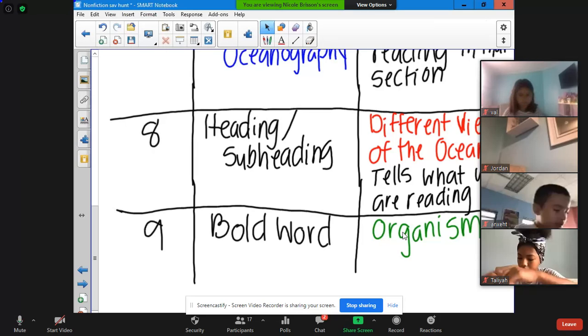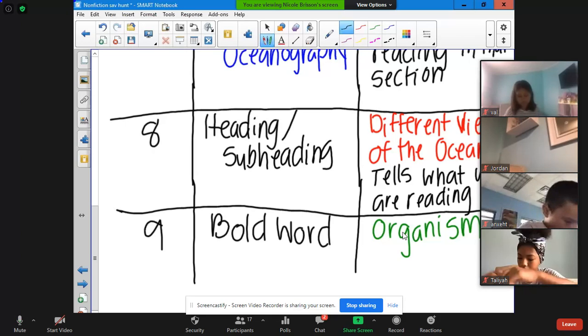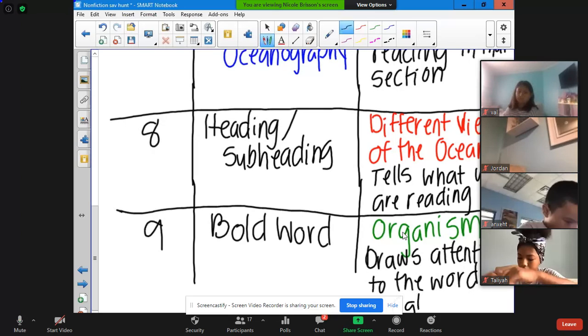So it draws attention to the word. And then I'm going to put glossary in parentheses because if it's a bold word, you will find it in the glossary.